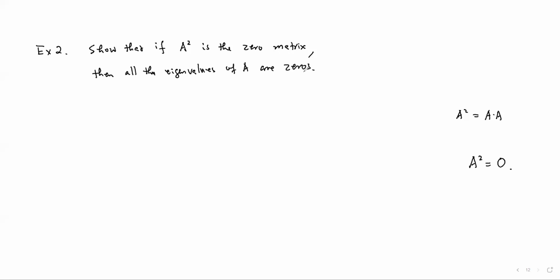The matrix A has no non-zero eigenvalues. How to prove this statement?